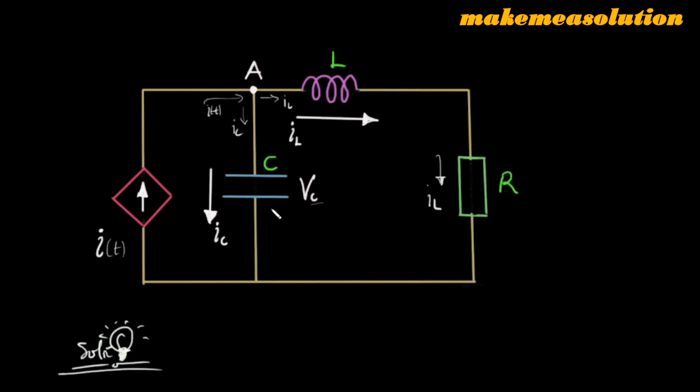So I'm going to be focusing on the capacitance and the inductance. Under capacitance, we are really interested in the capacitor voltage, that's the VC. So the capacitor voltage is one possible state, and under inductance we are very interested in the inductor current, which is IL. So we are going to use these two terms as our state variables.